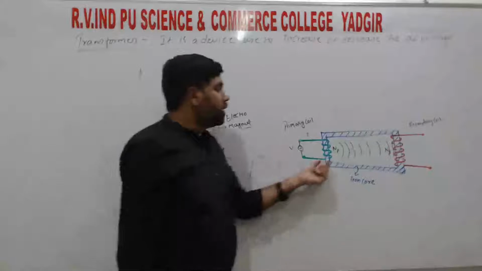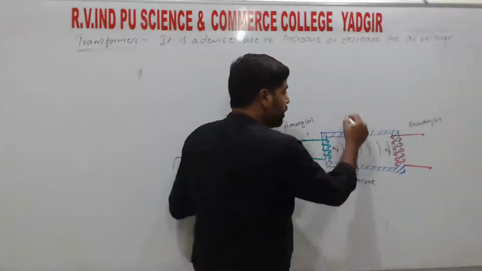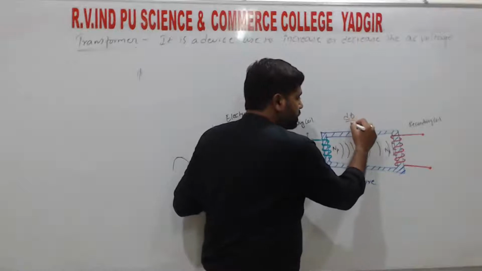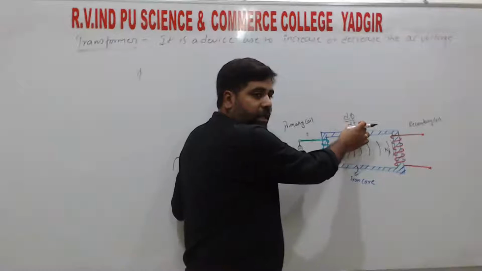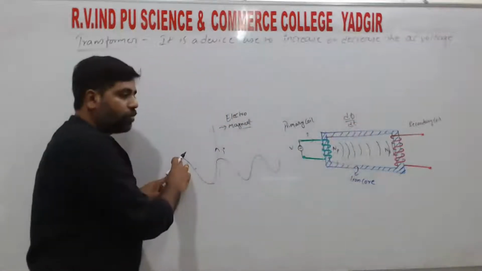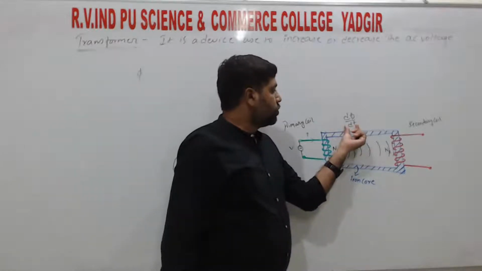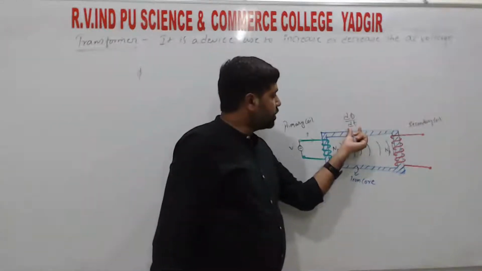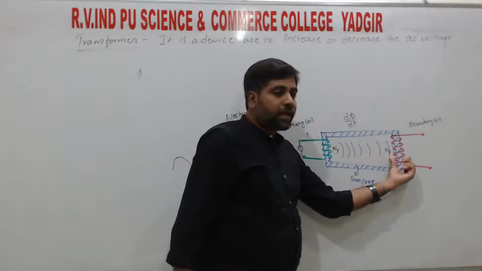Similarly, the current which produces the magnetic flux, that flux also varies with respect to time, that is dφ/dt. Sometimes we get maximum, sometimes 0, sometimes minimum, right? So this is the flux changing with respect to time. These fluxes are linked with the secondary coil.